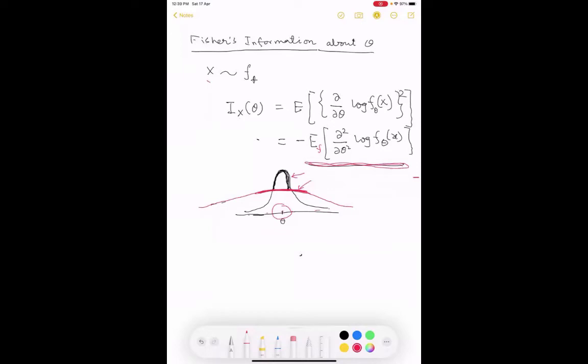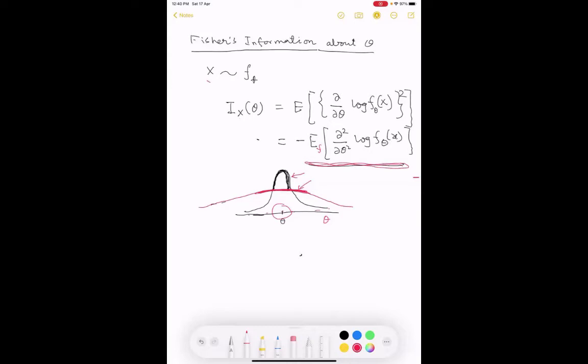That means my x-axis is theta, the different values of theta, because once I observe the x, I can't do anything; it's just a constant. So I have a constant x now, and given the x, it will behave like a constant, but then you see how the curvature is changing with respect to theta.